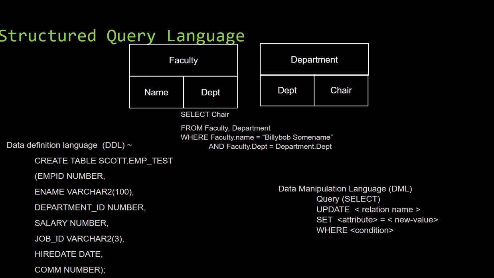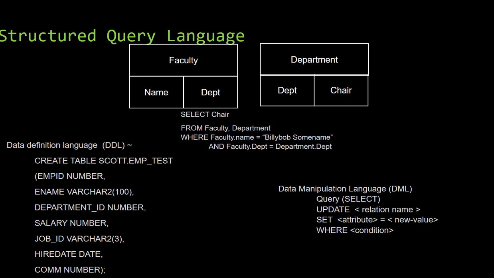I'm going to update and set a value equal to a new value where it meets a certain condition. So I'm going to manipulate the data that already exists in a table that I want to make changes to.